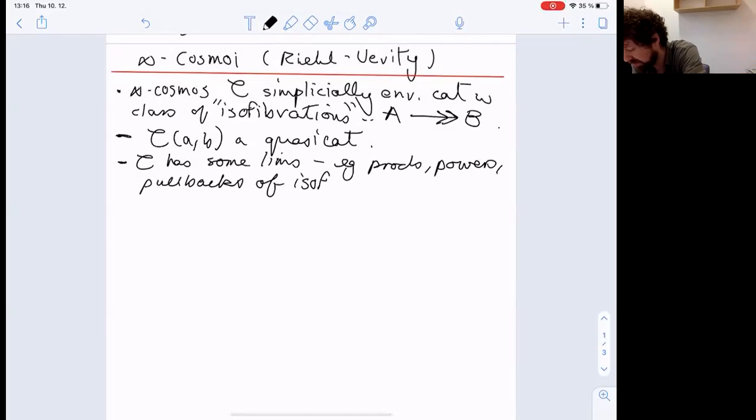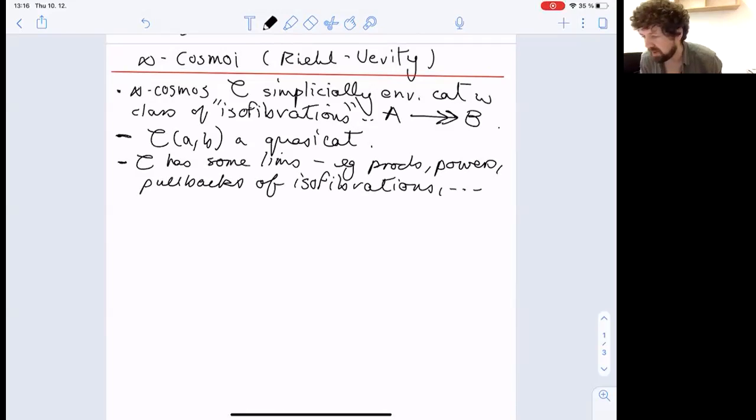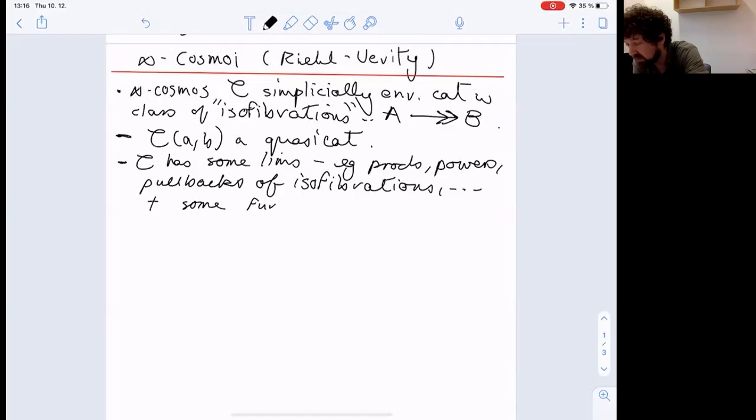The other one, which people might be familiar with from model categories, is that you require pullbacks of isofibrations. They're sort of homotopy limits, and also countable composites, countable towers of isofibrations, the limit version, but we won't talk about that. Plus some further properties.